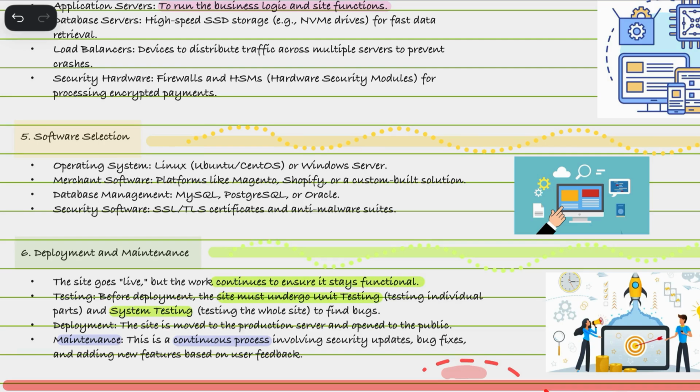And then we open the doors to the public. And post launch, what we do, we monitor the analytics daily, and then we optimize the database, and we look if it is working fast or not, and then we are maintaining it, right? So this is how the phases of e-commerce website development work.